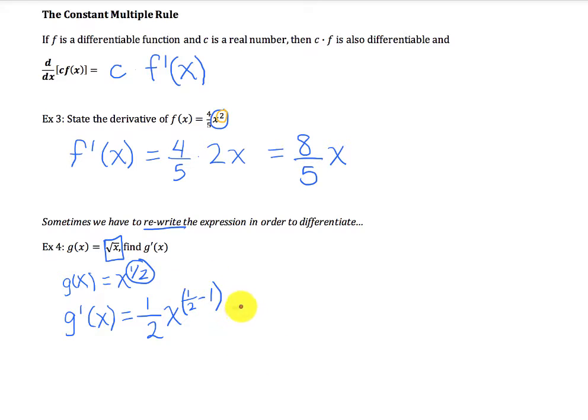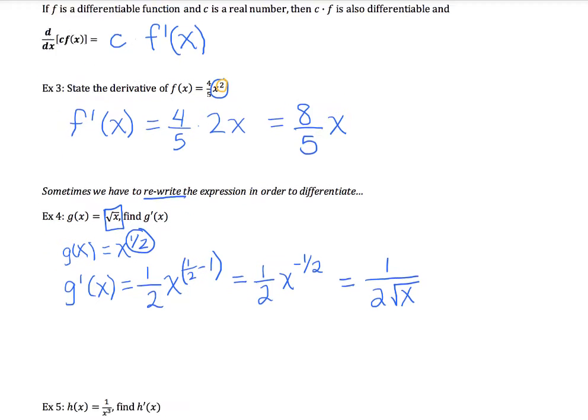So 1/2 minus 1 is going to give us negative 1/2. And what is x to the negative 1/2? Well, it's 1 over x to the positive half, which is 1 over the square root of x. And don't forget we have the 1/2, so it's 1 over 2 square root of x.